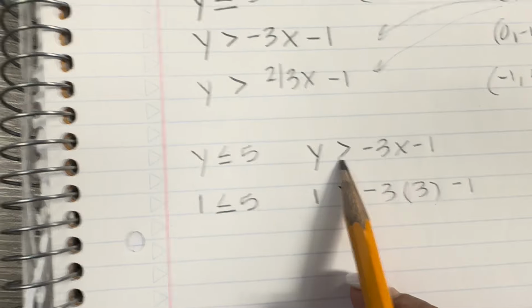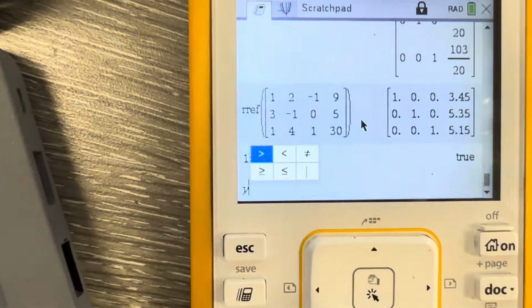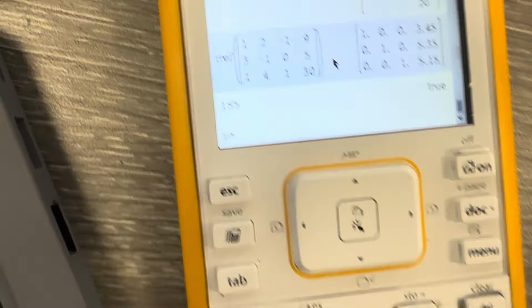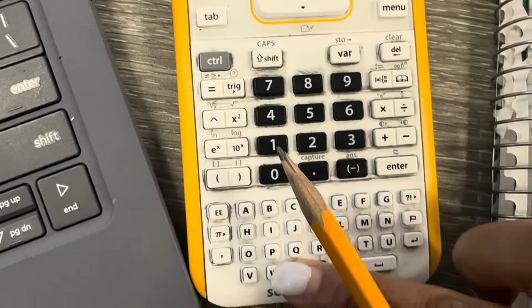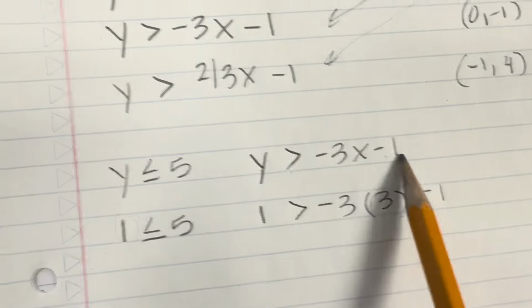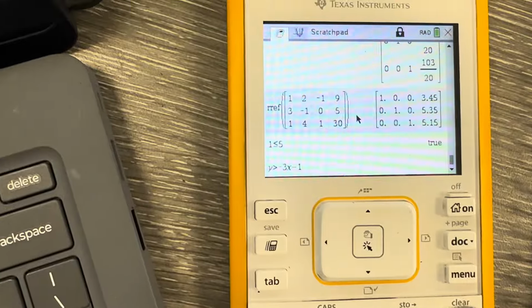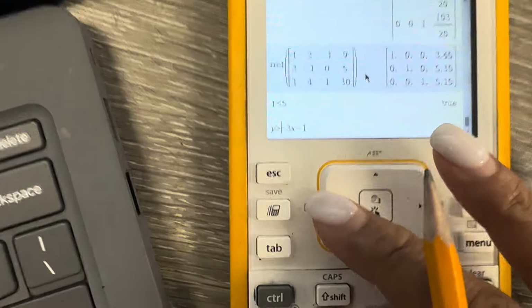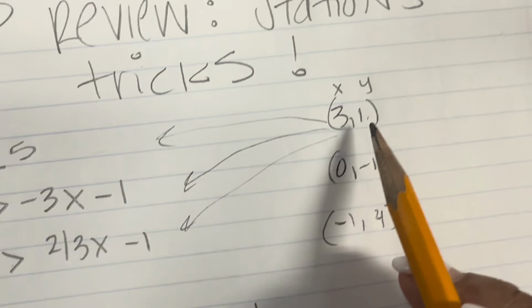Y is greater than, control equal, greater than, negative is this right here. Negative 3x minus 1 is this one, minus 1. The keys are different.